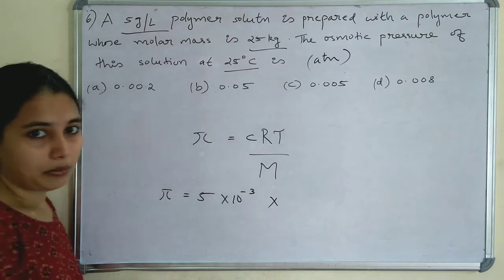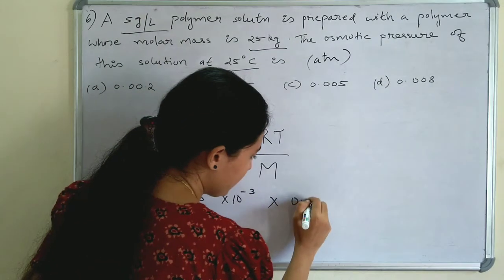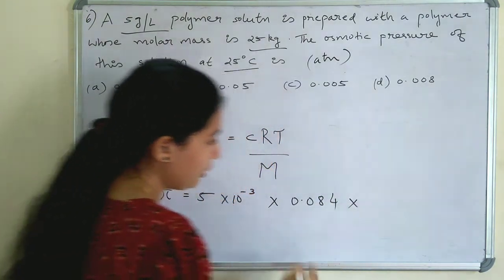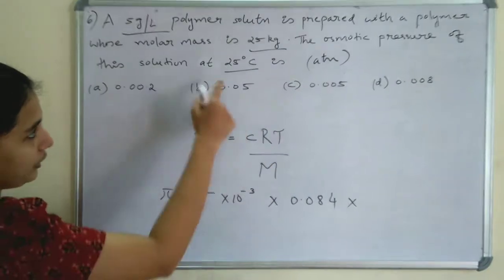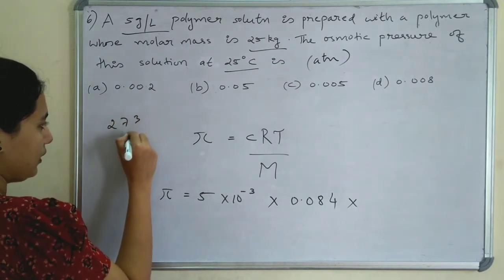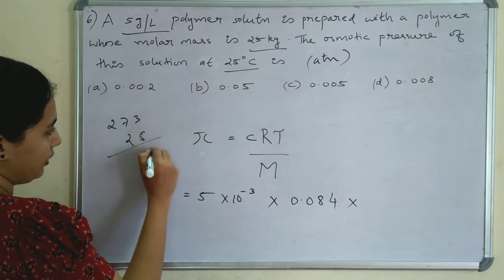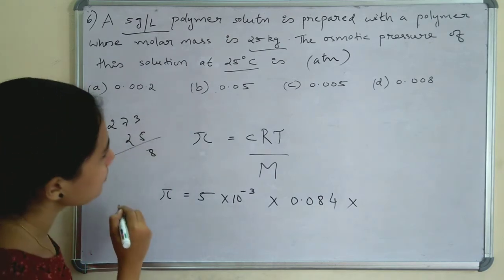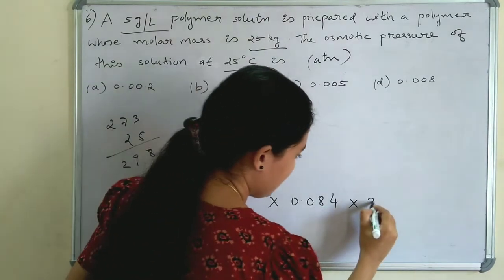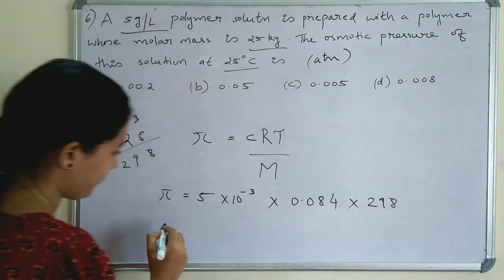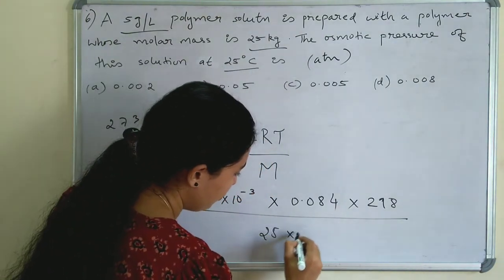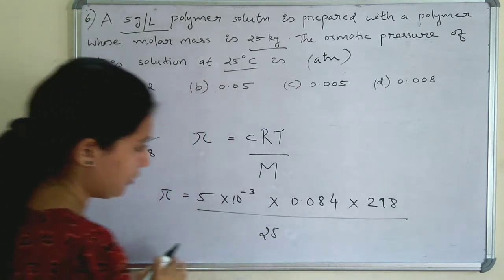So for ATM, the gas constant is 0.084 liter per atmosphere into temperature. 25 degrees Celsius is 273 plus 25, that is 298. 298 divided by molar mass, which is 25 kilogram.